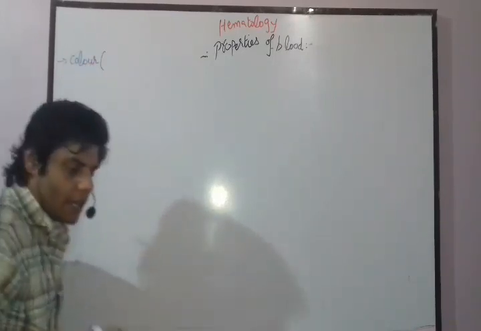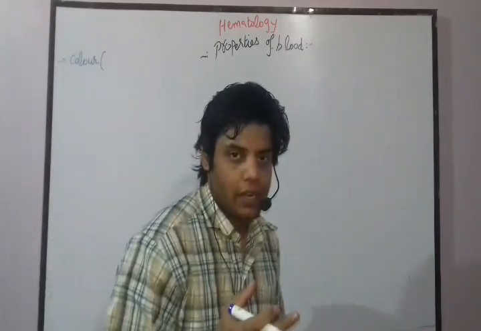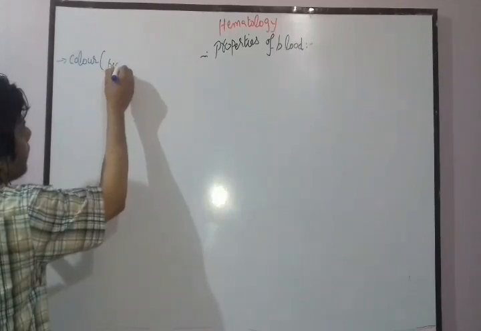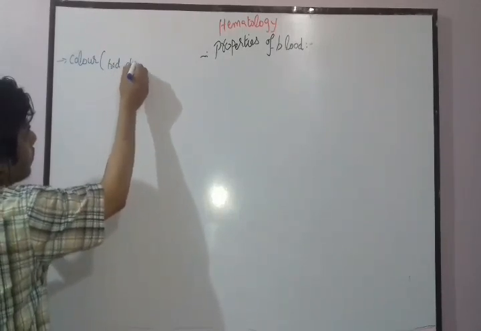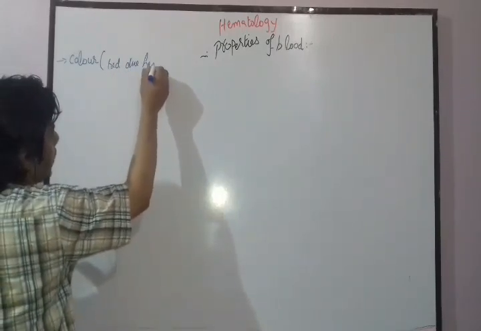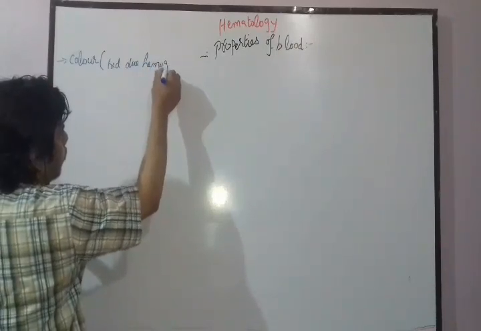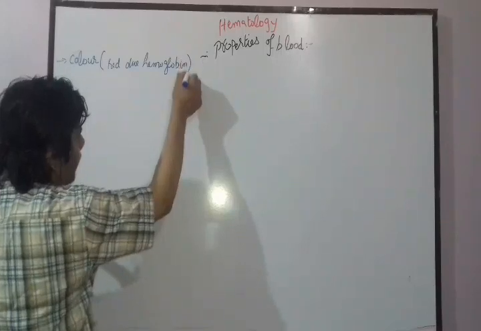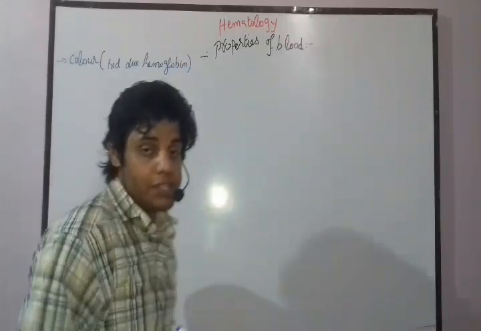Usually blood present in our body is red in color due to hemoglobin. So due to hemoglobin, it is red in color. This is the first thing.